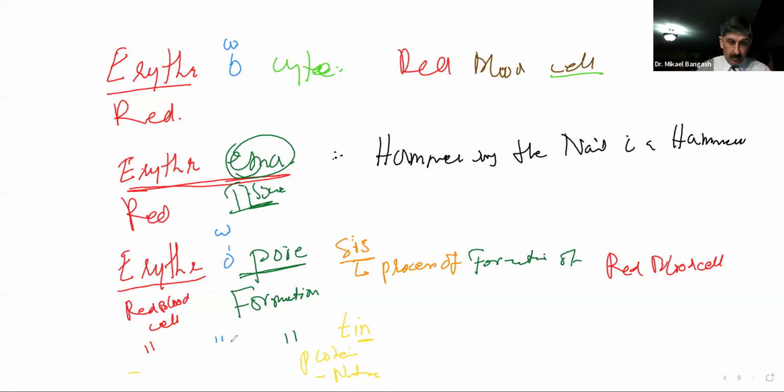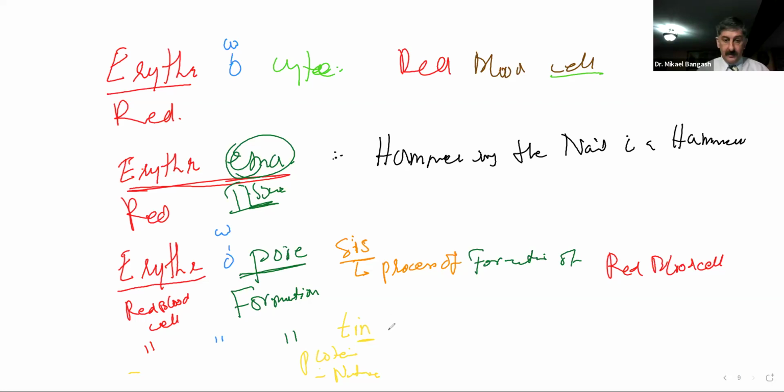What do we call that substance? That substance is called erythropoietin. What is it going to be responsible for? Erythropoiesis.